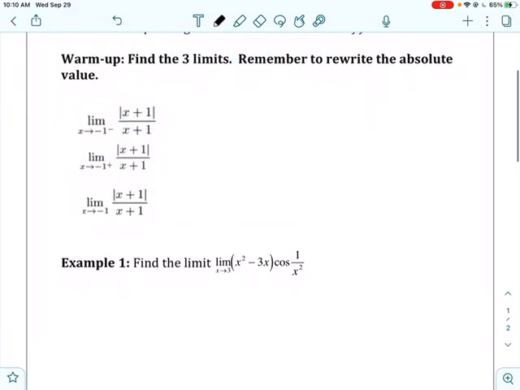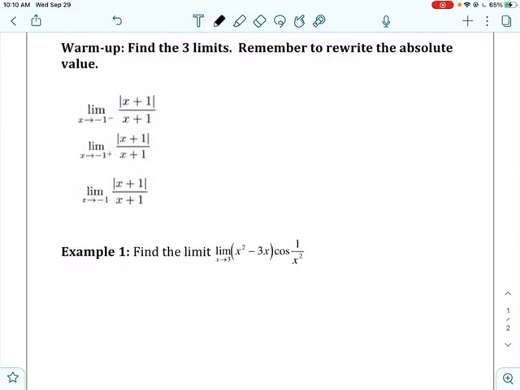First, I have a limit from yesterday, where we're taking the limit as x approaches -1 from the left, from the right, and then the two-sided limit. We'll check out the first two first. Before we do that, we're going to take the absolute value of x plus 1 over x plus 1 and simplify it.